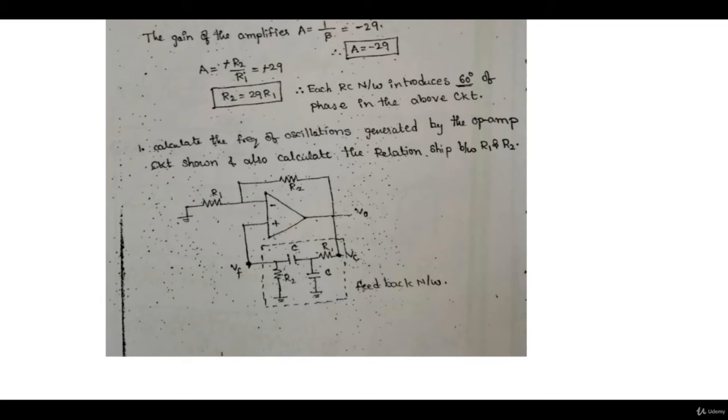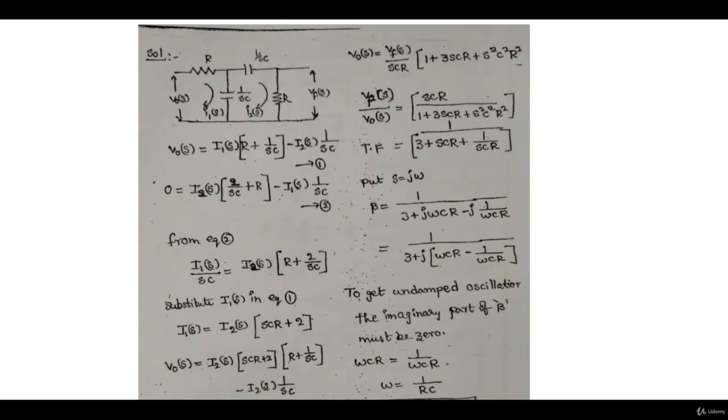Same stuff. So here you can see the solution. So this is V0, R, 1 by SC, 1 by SC, R. Okay, so this is the feedback network. VF upon V0 we want. V0 is I1(S) into R plus 1 by SC. This is the first KVL loop, minus I2(S) 1 by SC.